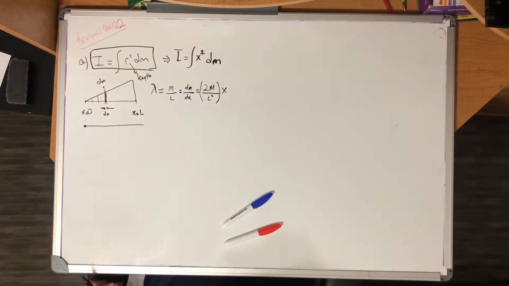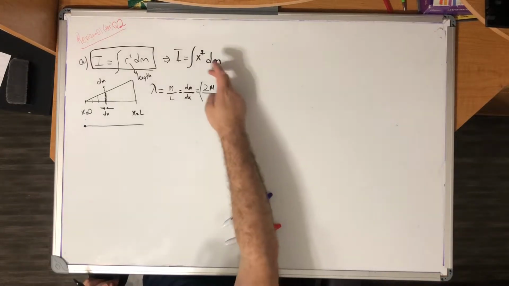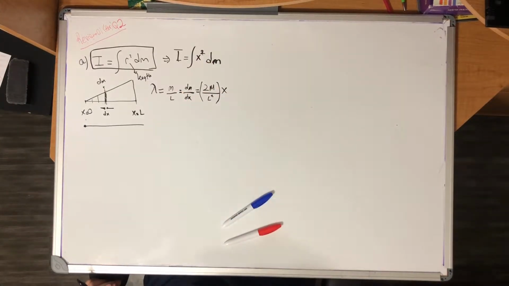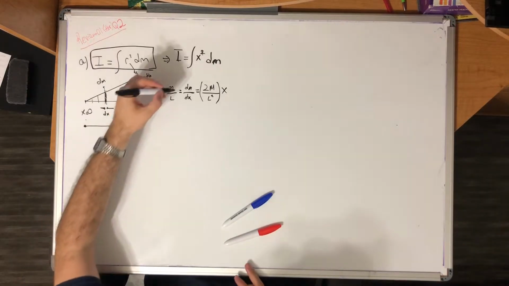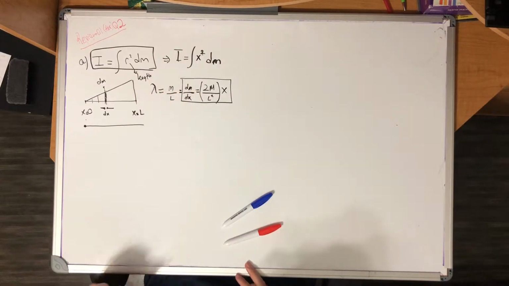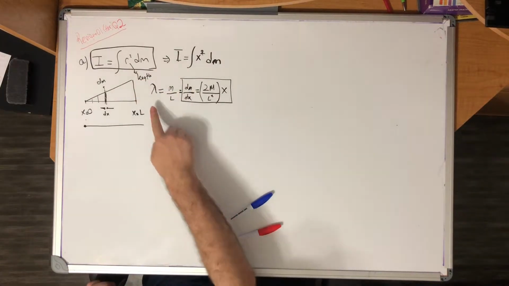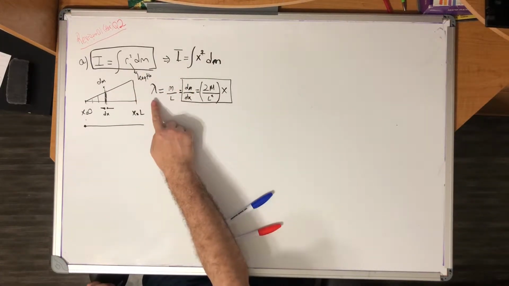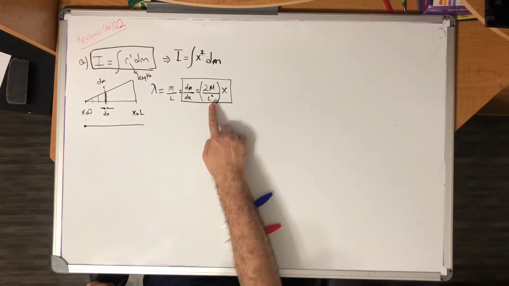But what is the relationship between dm and x squared? I know that as x changes, my mass changes, but I don't have a direct relationship for that. What do I have? I have dm over dx, which must equal lambda, and lambda is given to me.